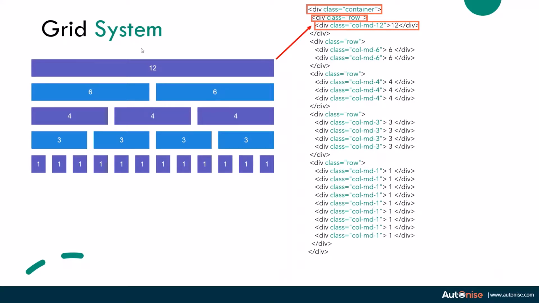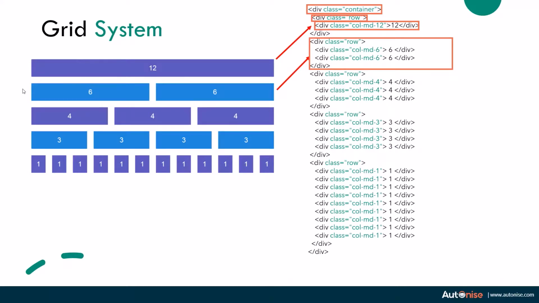So now that we can create this row, let's have a look how the second row is created. We again have div class equal to row, but over here, instead of using col-md-12, which would have taken the entire width of the screen, we use col-md-6. So this is the first column, which has a width of 6 out of 12, which means half.